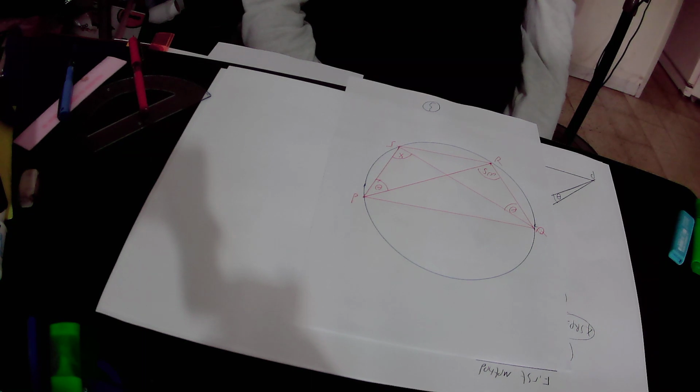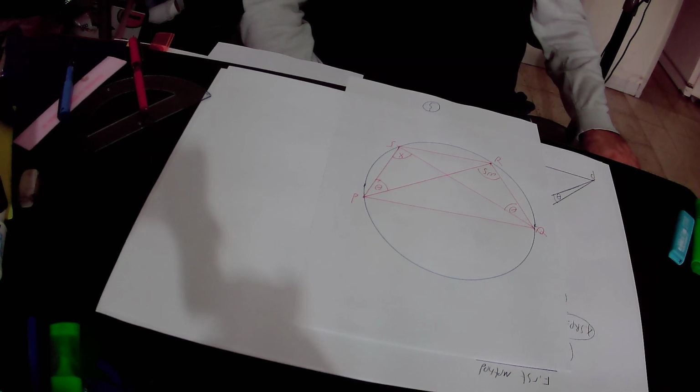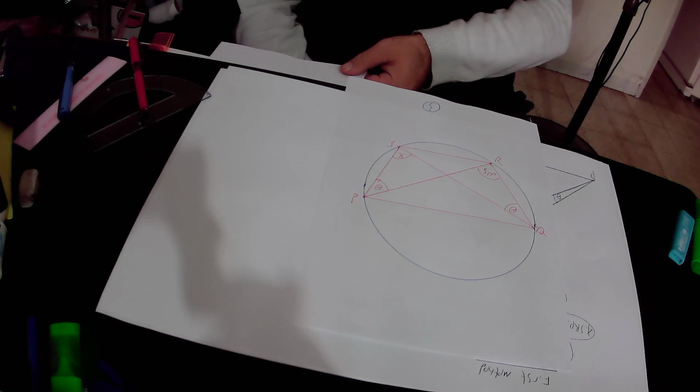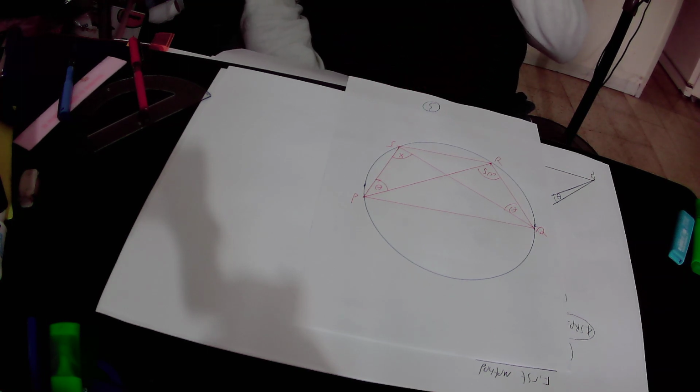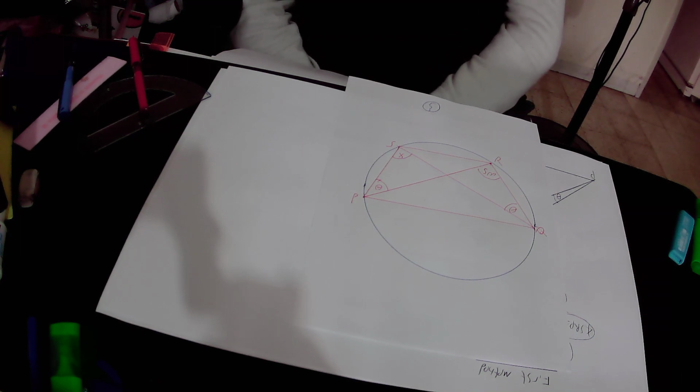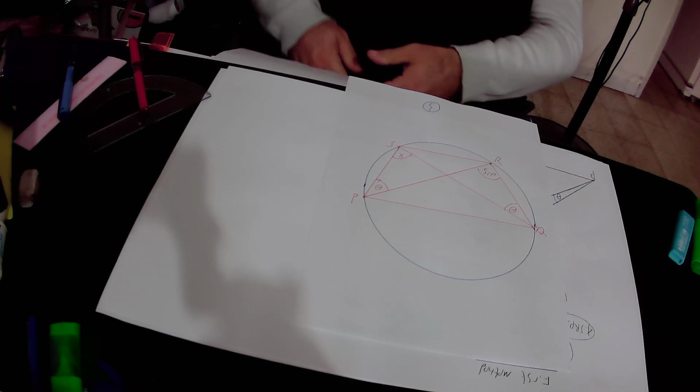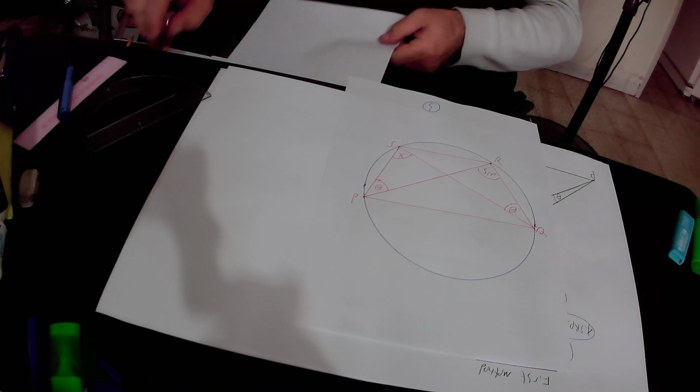And we also have rule number 2. Rule number 2 states that peripheral angles that subtend on the same chord are equal to each other. So I write it down.